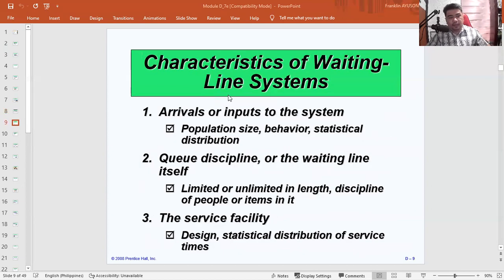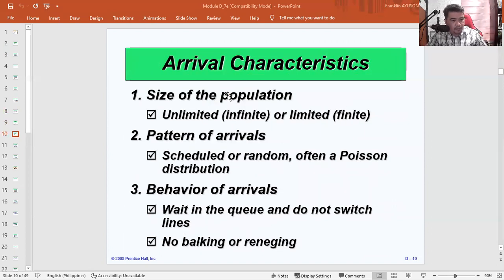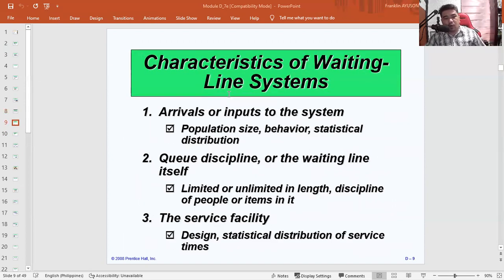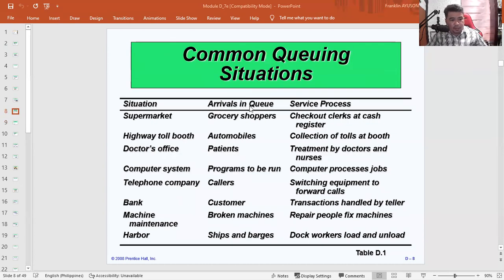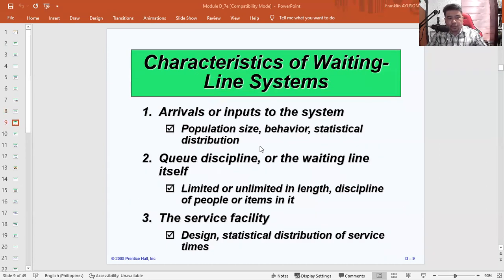Following are the characteristics of a waiting line system. There are three. Number one, the arrival. These are inputs to the system. The arrival in the queue can be determined through the population size, the behavior, and, once more, we're using a statistical distribution.